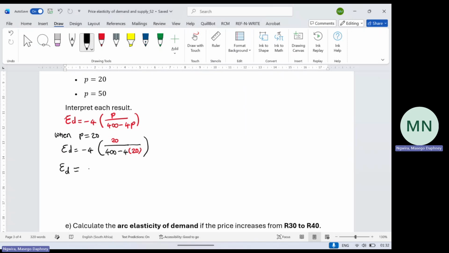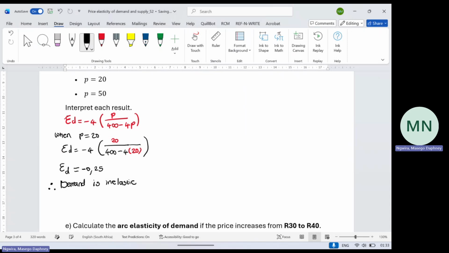With the calculator, you're going to get -0.25. If it's a fraction, press SD on your calculator to get the decimal number. So if it's -0.25, it means that this value is between -1 and +1. Therefore, the demand is inelastic.